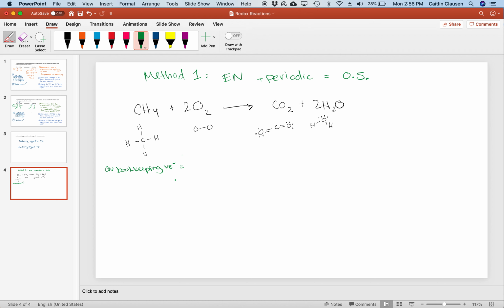So carbon has 8 valence electrons. Meanwhile, hydrogen only has 0, has none. So we're going to say oxidation number: carbon, hydrogen, oxygen.